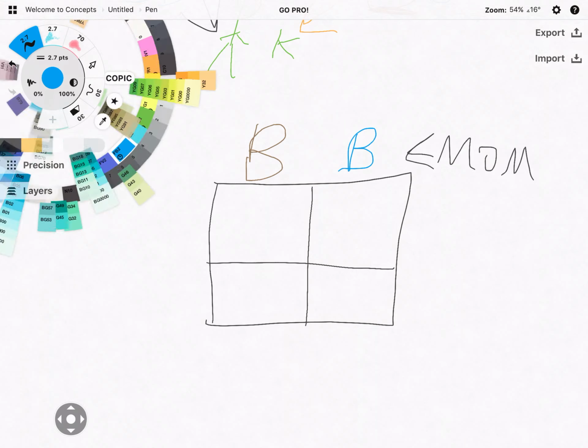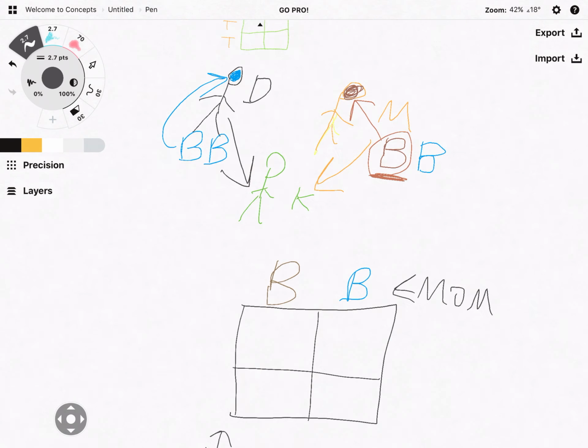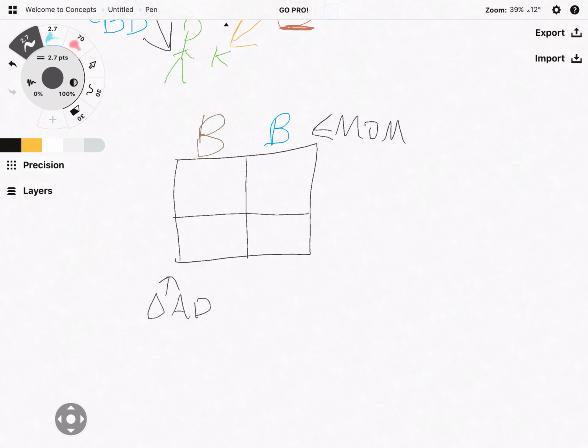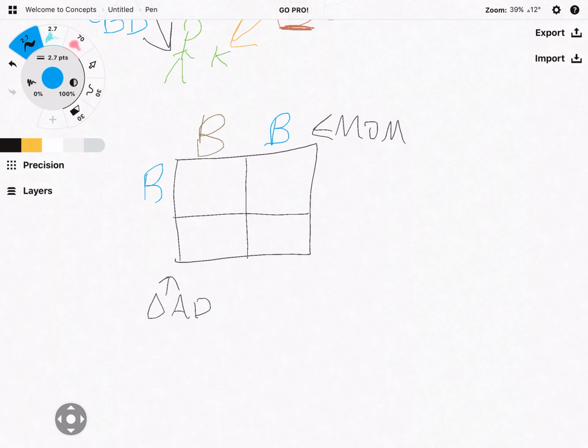Now, the dad is also going to be able to give something. And what could the dad give? Well, what does he have? He has two blues. So he could give either a blue or a blue. So now let's see what the possible outcomes are.